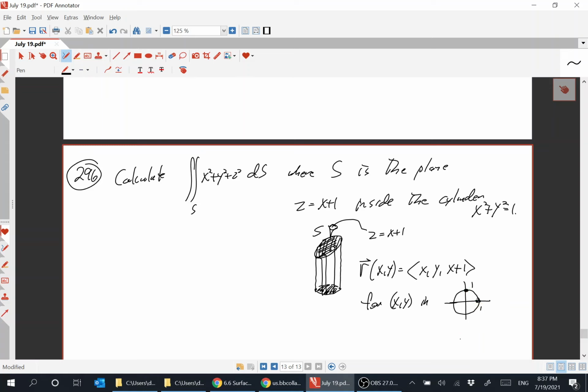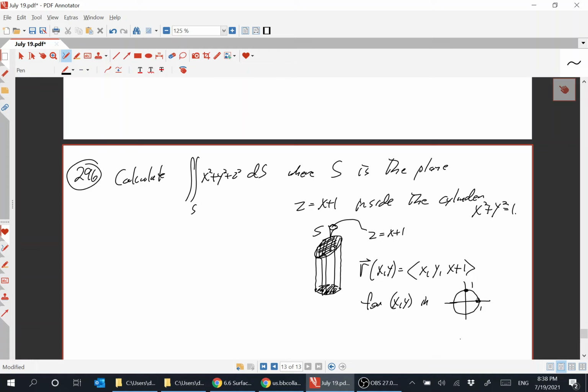Okay, so the surface is the plane. The whole point of the cylinder is just to restrict the domain for the plane, right? Because you can't calculate the surface integral over the whole plane because it's an infinite domain. You want just part of the plane. So how do you define which part of the plane? Well, this is one of the cute ways in which textbooks do it.